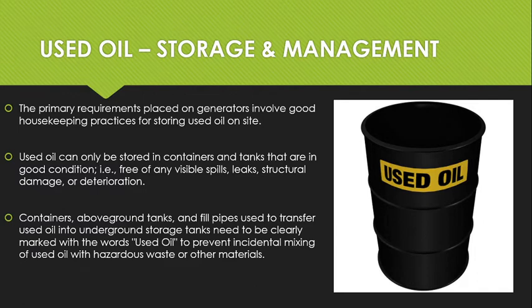So if you bring back a drum of oily water, you better have it labeled as used oil, and you better have it sitting in containment, because if an inspector shows up, then we're going to have a problem and we're going to get a violation, because now we've got used oil sitting outside of a secondary containment. So really pay attention: if you're bringing back used oil, if you're bringing back oily water, it has to be in containment and it has to be labeled as used oil.